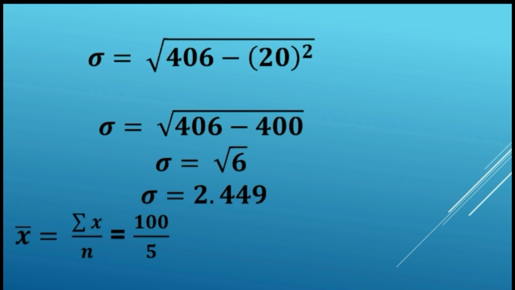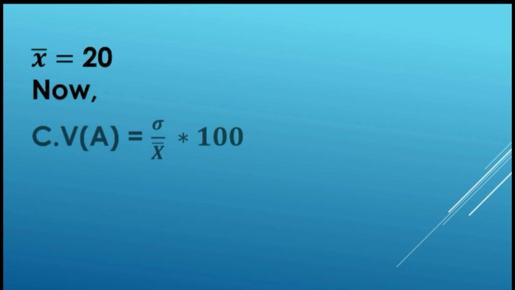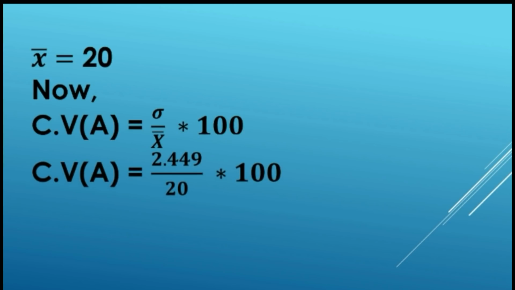Summation x upon n means 100 upon 5, and 100 upon 5 means the value of x bar is 20. Now put the value in the formula. It would be 2.449 divided by 20 multiplied by 100. So the coefficient of variation for city A is 12.25%.